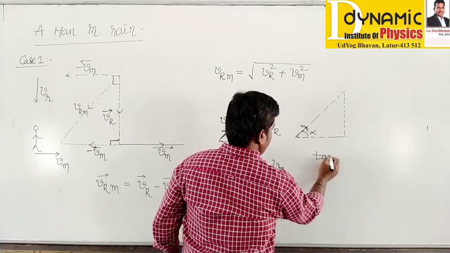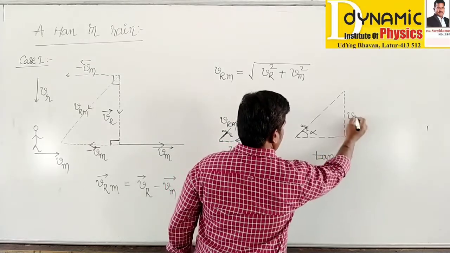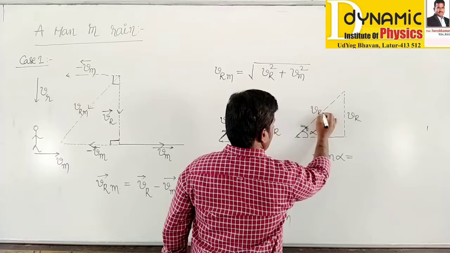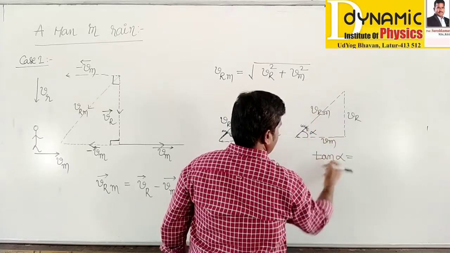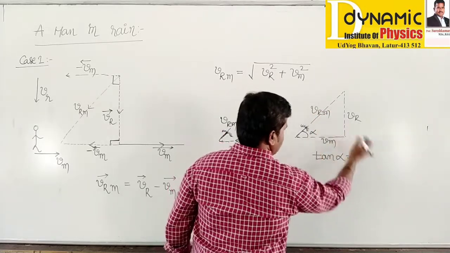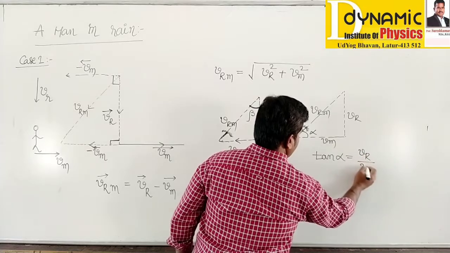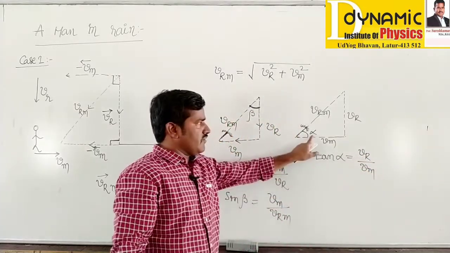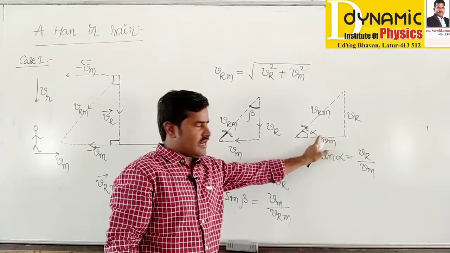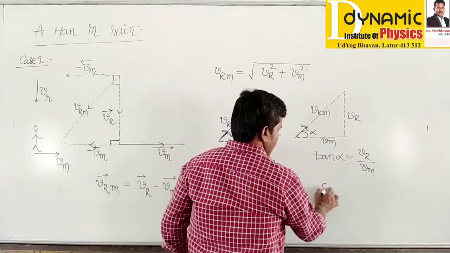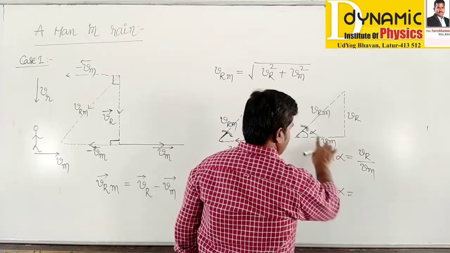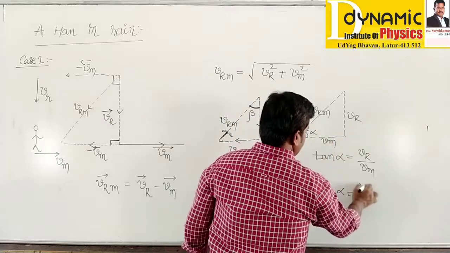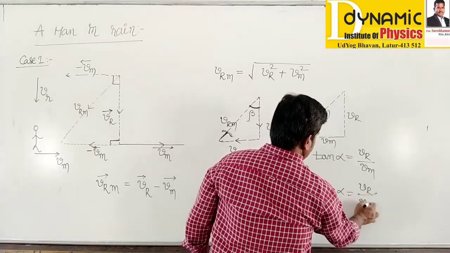Then tan alpha is written as Vr upon Vm, where this is Vrm, the relative velocity, and this is V man. This is the angle with the horizontal, and sin alpha is written as Vr upon Vrm.